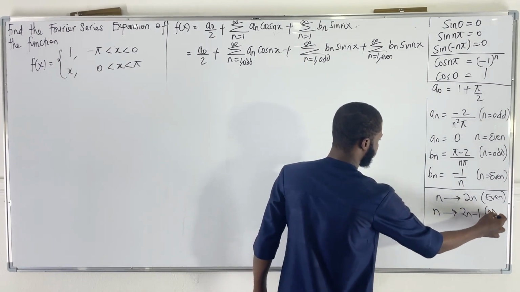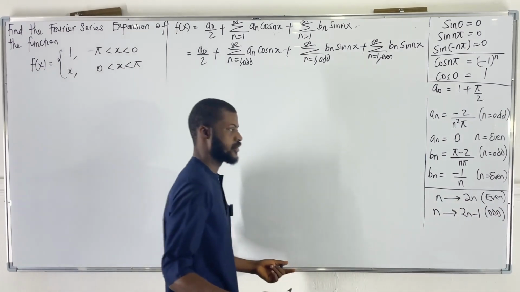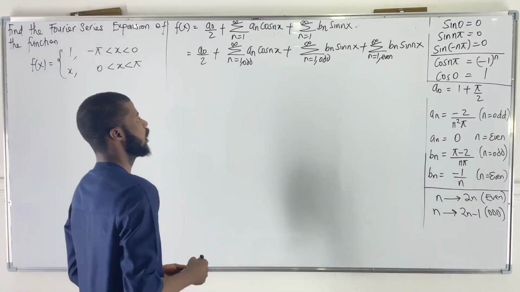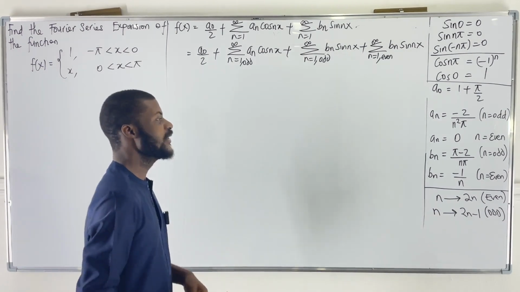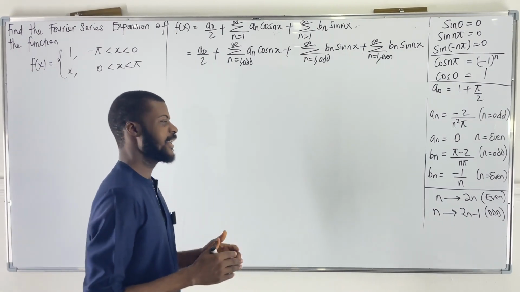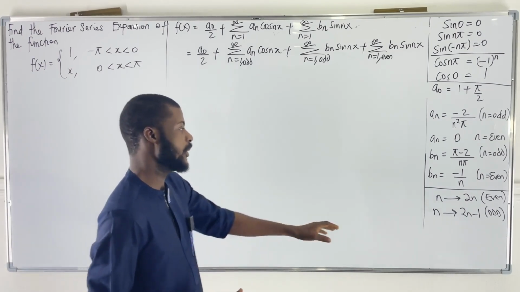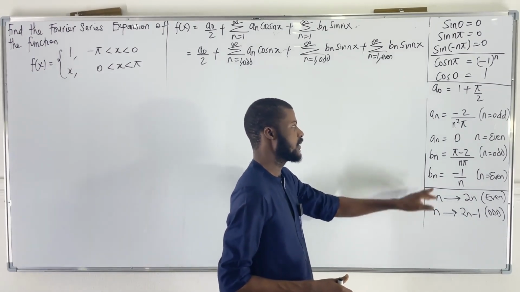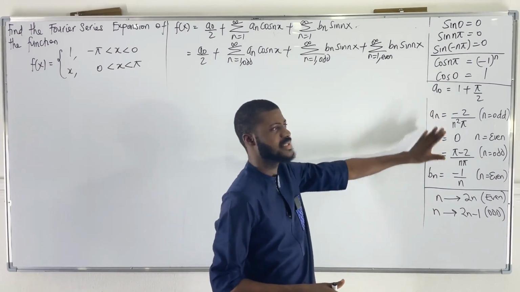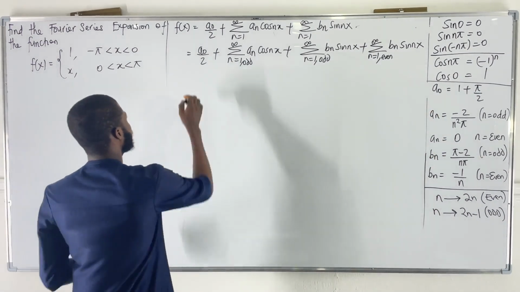This is always odd. So that's what you do. Let me effect this change. Do please take note, not all lecturers or professors would be writing these two. They could just still leave everything like this. It's still going to be the same.